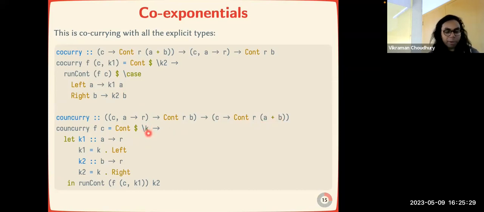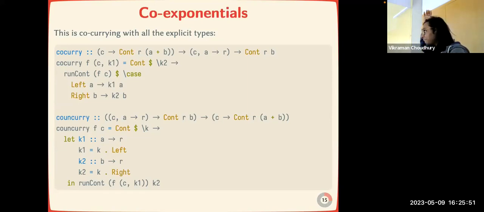So you have a continuation for a plus b. You can split it into a continuation for A and a continuation for B by injecting left and right. And then you plug in K1 into C, into this pair with C, and K2 remains outside.